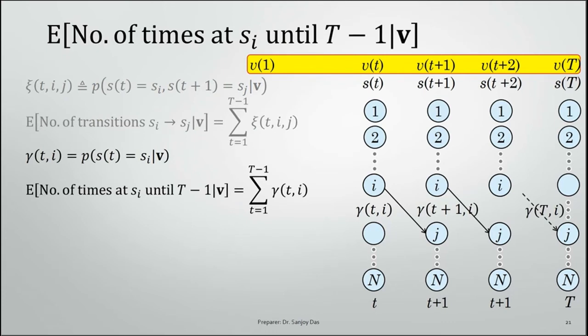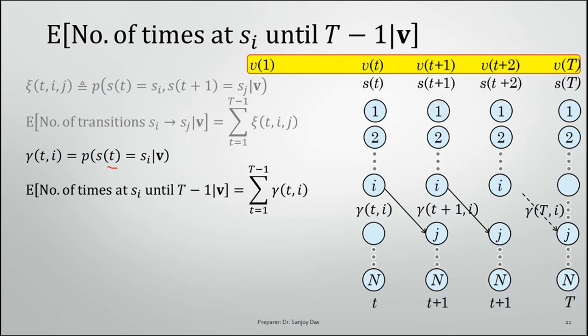Gamma Ti is the probability of being in state St equals Si given V. Now what's the expected number of times the HMM would have visited that state Si during the entire sequence at any time step until T minus 1? I can simply sum the gamma Ti's. St can be anything. It can be 1 or 2 or 3.